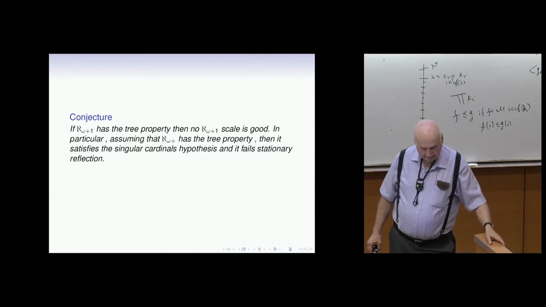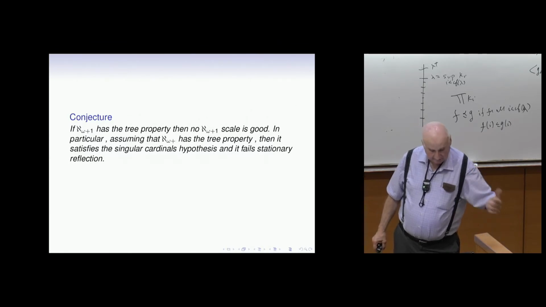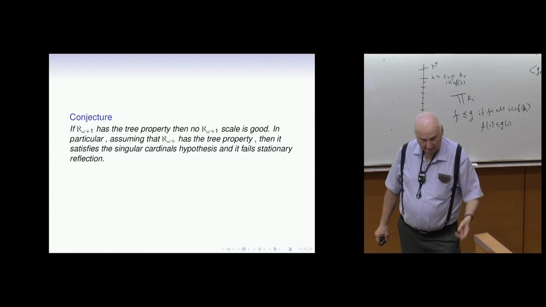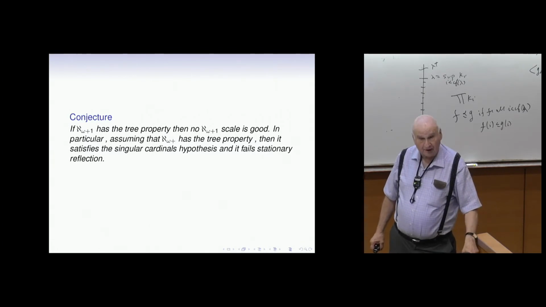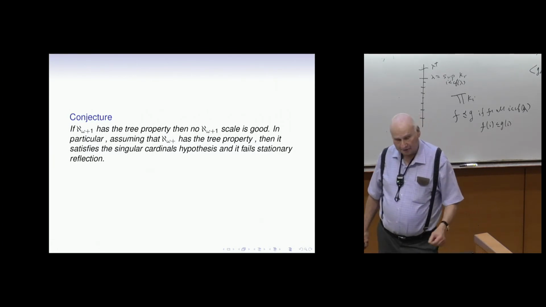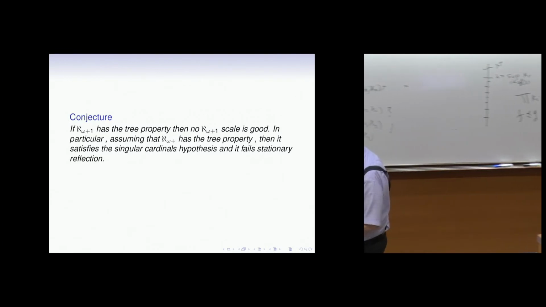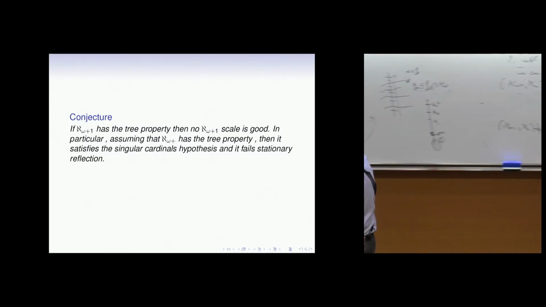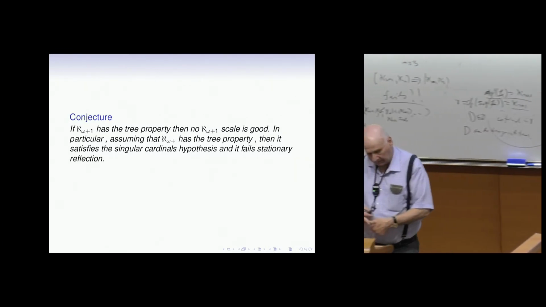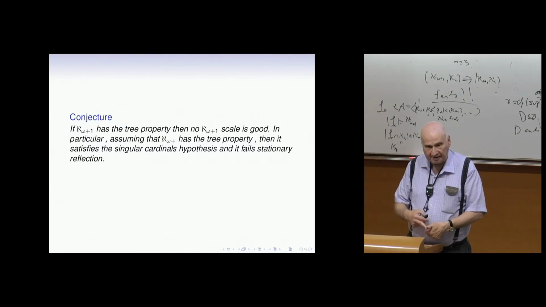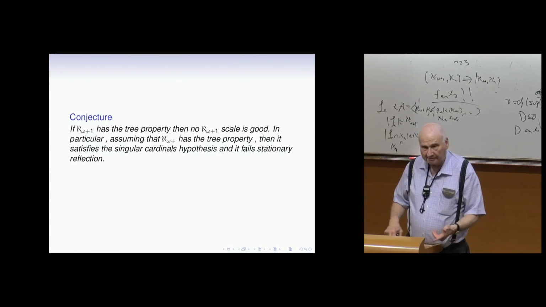In particular, assuming that Aleph Omega plus 1 has the tree property, then it satisfies the singular cardinal hypothesis, because failure of the singular cardinal hypothesis gets you a good scale, and it fails stationary reflection. So now it immediately raises problems. Could you get a model in which Aleph Omega plus 1 has the tree property and you have full stationary set reflection? Could you have a good scale with the tree property?